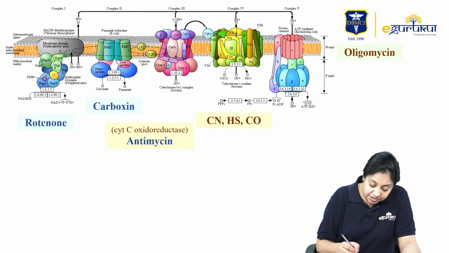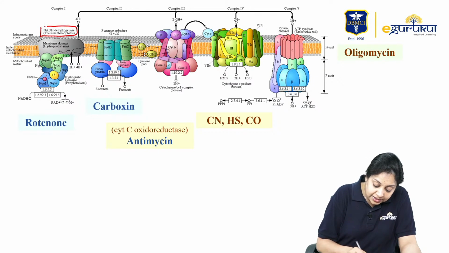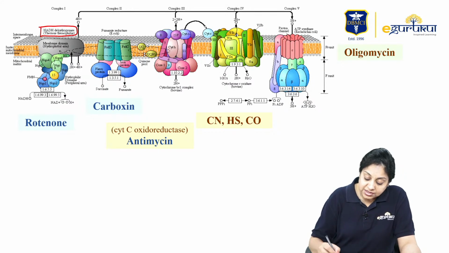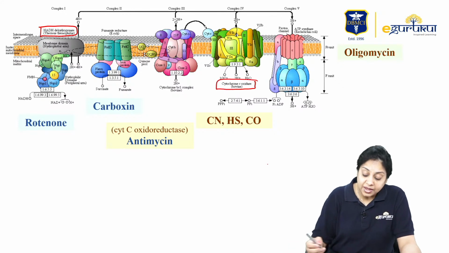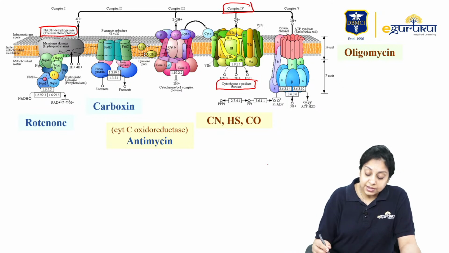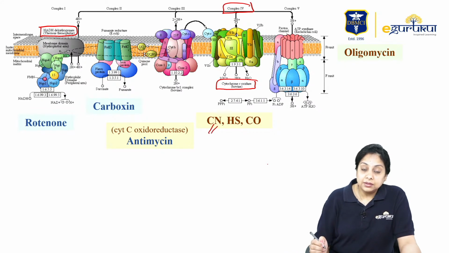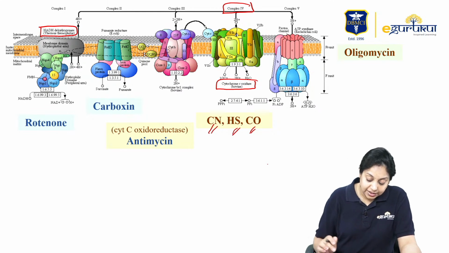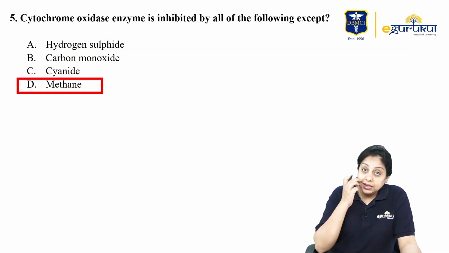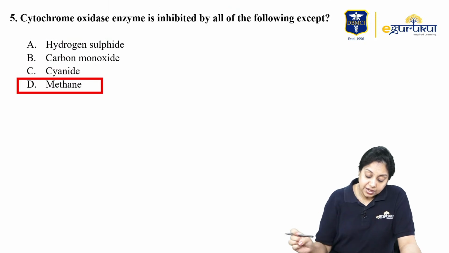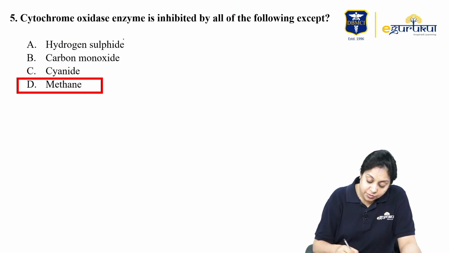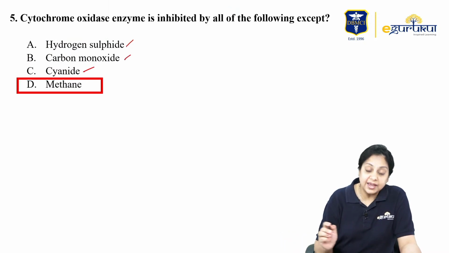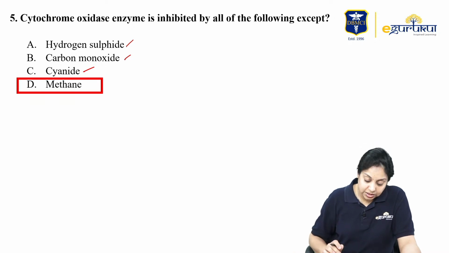This is the first complex, NADH dehydrogenase. The question is asking you about cytochrome C oxidase, that is complex 4. It is inhibited by all the gases. It is not inhibited by methane, right? So D is the choice. Methane does not inhibit this, but hydrogen sulfide, carbon monoxide as well as cyanide do.